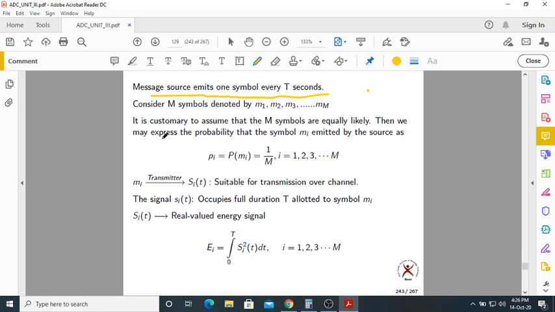Let us take it as emitting M symbols, denoted by M1, M2, and so on up to MM. At every T seconds, we get a new symbol.